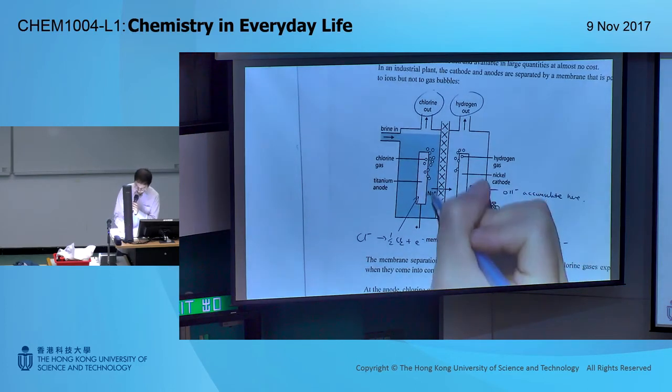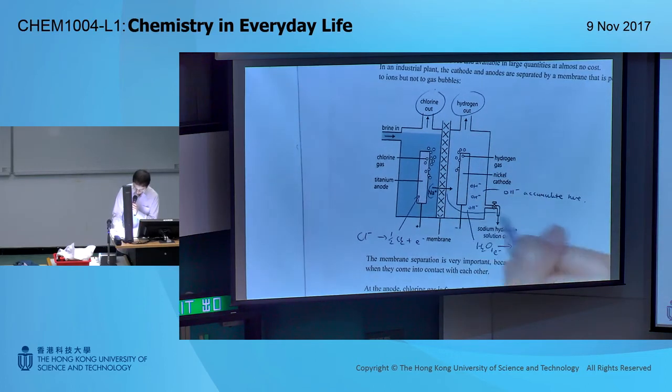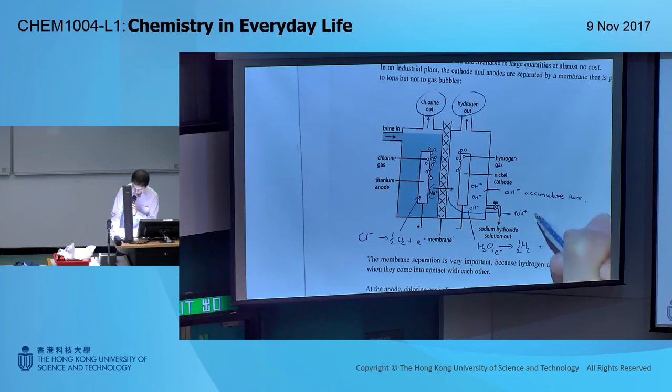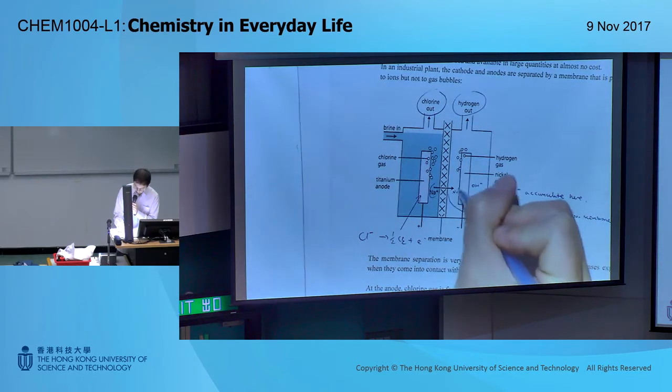So the sodium ion will be attracted across. So we have a lot of Na plus here as well, from the other side moving over. Of course, gathering on this side as well.